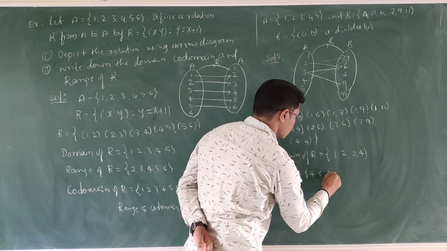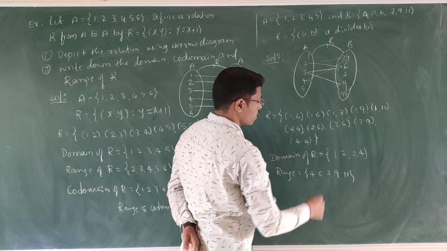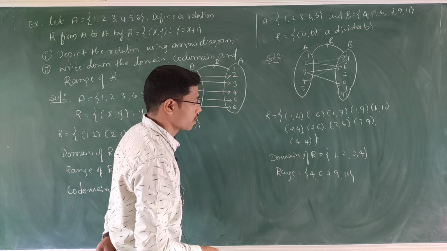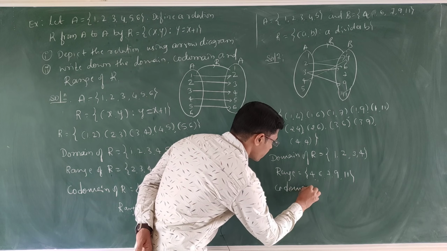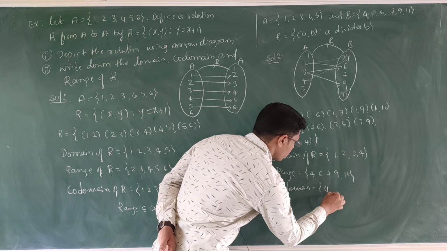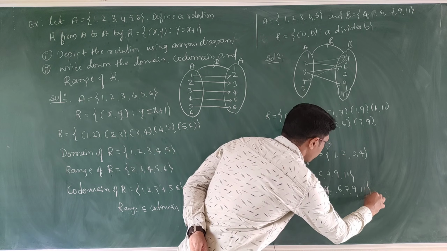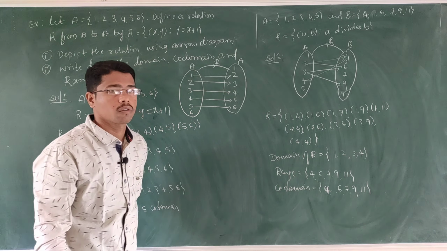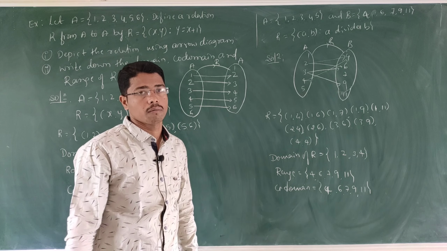They will only repeat again, no need to write. This is the range. Next, the codomain is the same: 4, 6, 7, 9, 11. So in this case the range is equal to the codomain.